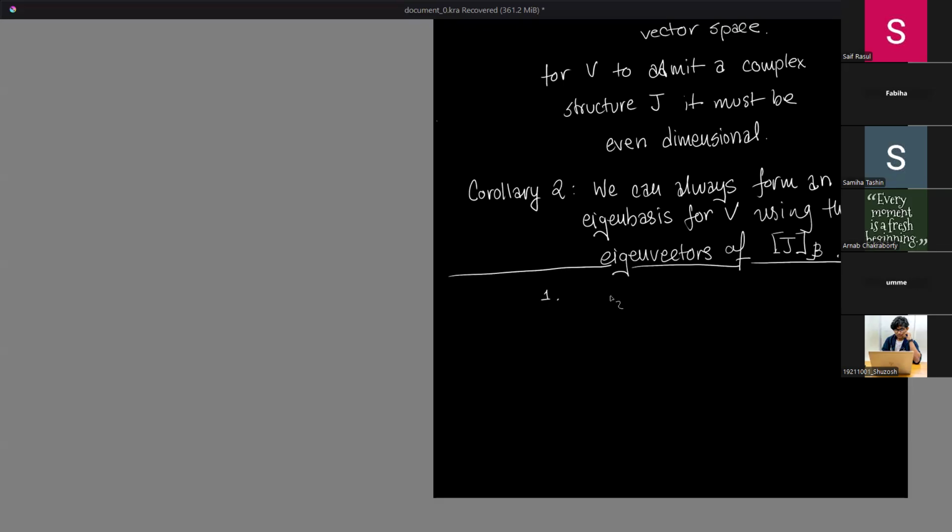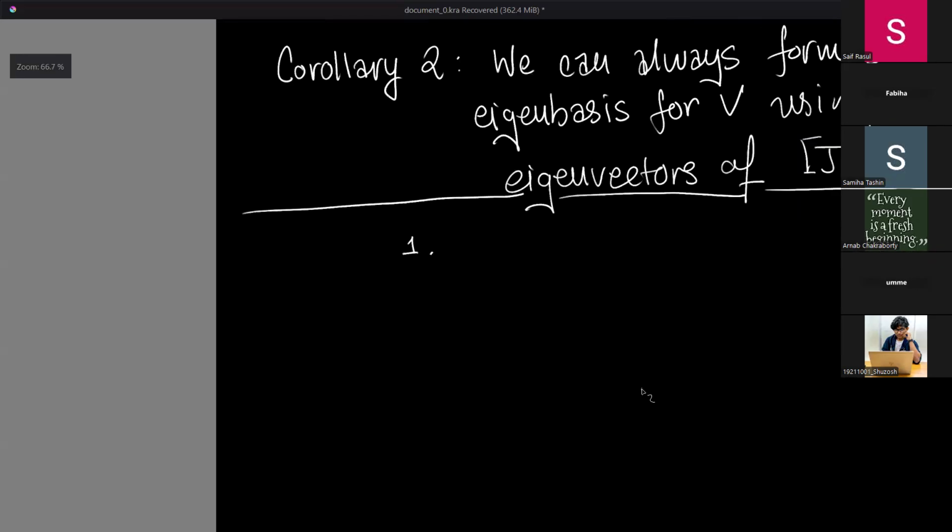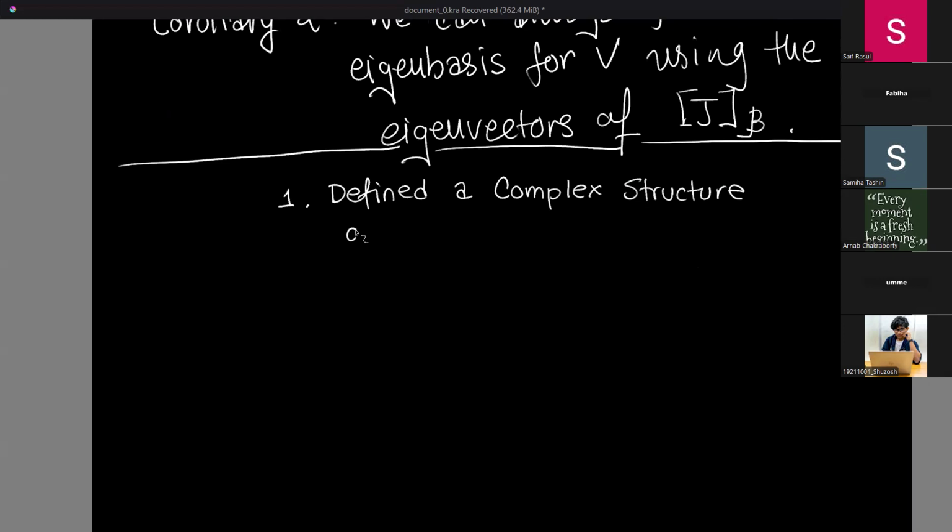So the first thing that we did was we defined a complex structure on a real vector space. We showed that this turns it into a complex vector space.